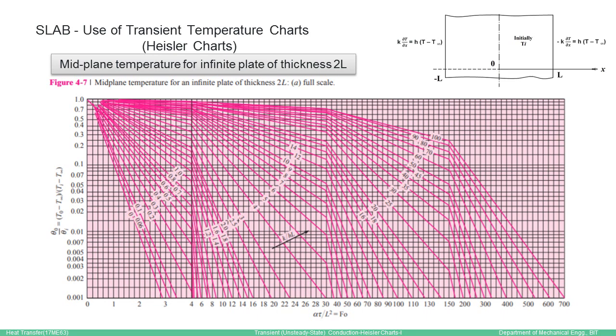On the other hand, given the center line temperature after a certain time, if you want to calculate the time taken to reach that temperature, use the calculated theta naught divided by theta i and the given Biot number value, that is 1 by Bi, to find the corresponding Fourier number value on the x coordinate. The Fourier number can then be used to find the time taken to reach the given center line temperature.